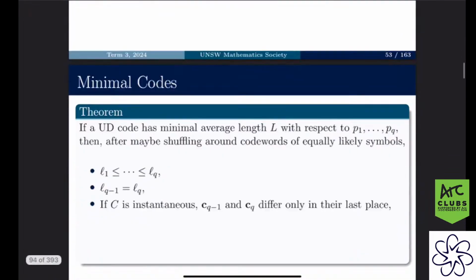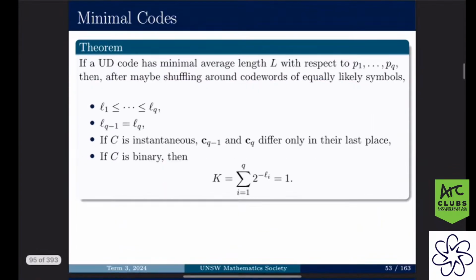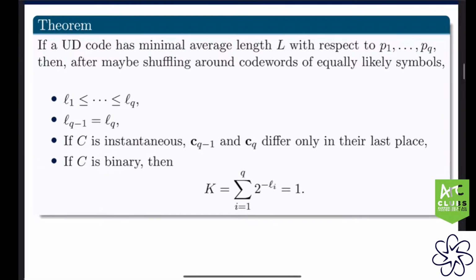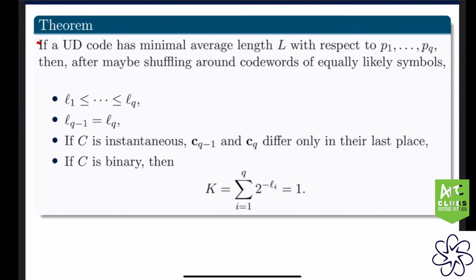All right, so here's a theorem for minimal codes. This is also something that I think Thomas Britz wants you to know the proof of. I think the proof of this one is fine-ish. Anyway, if we have a uniquely decodable code with minimal average length, so we're assuming a uniquely decodable minimal code with respect to its probabilities, then after maybe shuffling around code words of equally likely symbols, the length is going to be shortest at the beginning, and longest at the end.